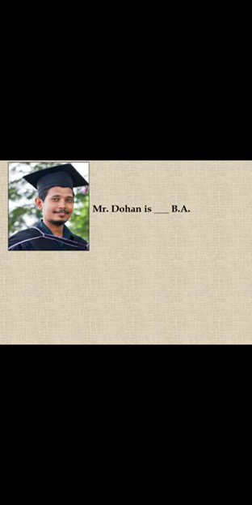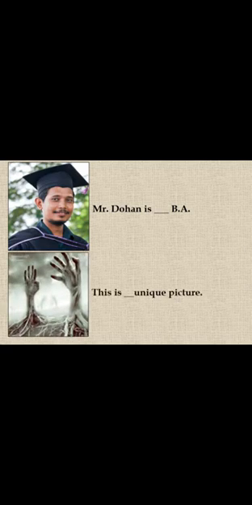Mr. Doha is dash BA. So here will be what? BE. That means B comes first and vowel comes later. So here will not be n. Here will be a. This is dash unique picture. U. Remember, if the vowel sounds like U or wa, there will be a instead of n.